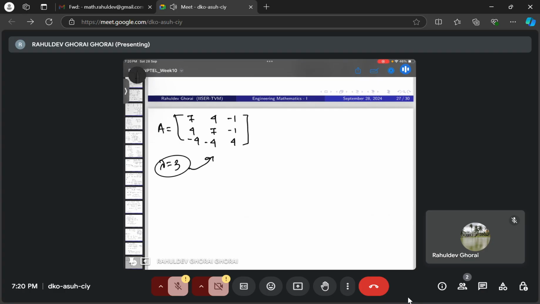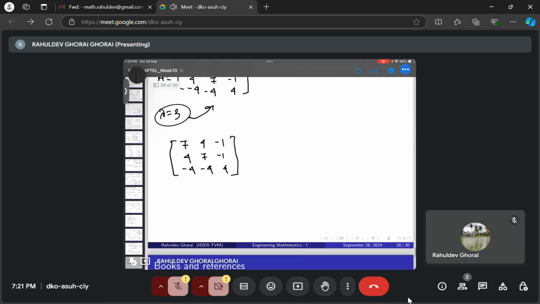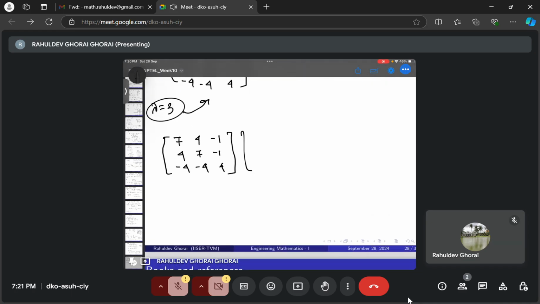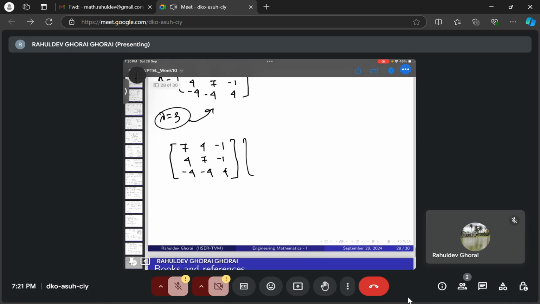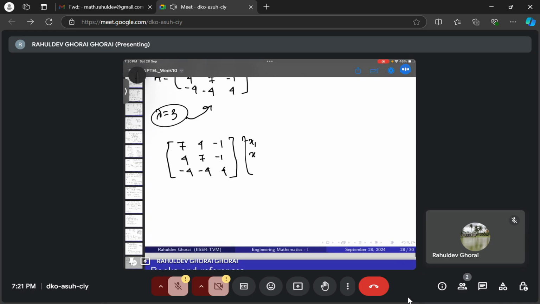Okay, so let's find out what the eigenvector will be. The matrix times x1, x2, x3 is to be equal to 3 times x1, x2, x3.